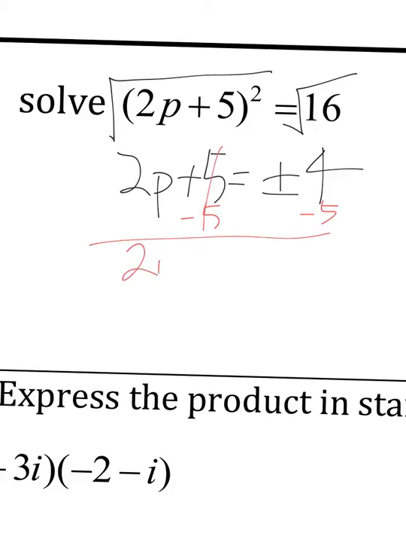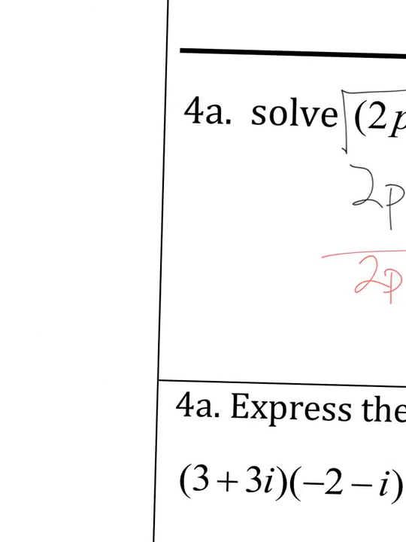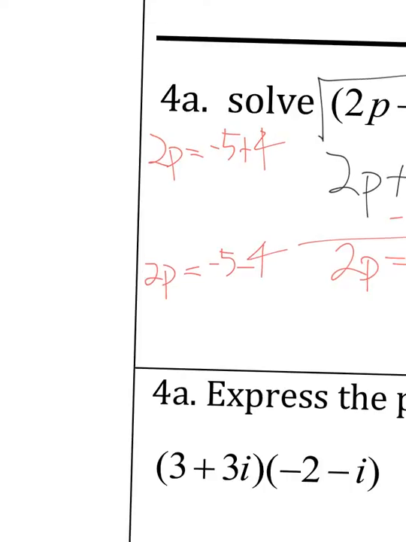And we have 2p equals negative 5 plus or minus 4. So I'm going to make two equations here. I have 2p equals negative 5 plus 4, and then I have 2p equals negative 5 minus 4. All right, so this is going to say 2p equals negative 1.